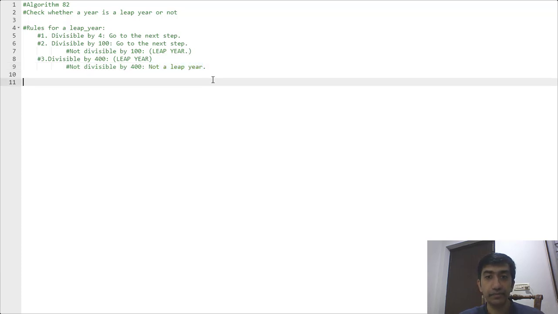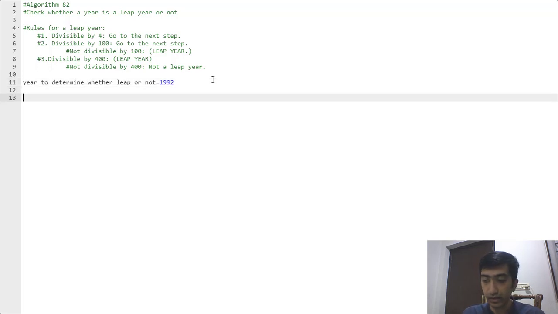Now let's make the algorithm year to determine whether leap or not. For example, I give it a year of 1992. If year to determine is divisible by 4, we go to the next step.